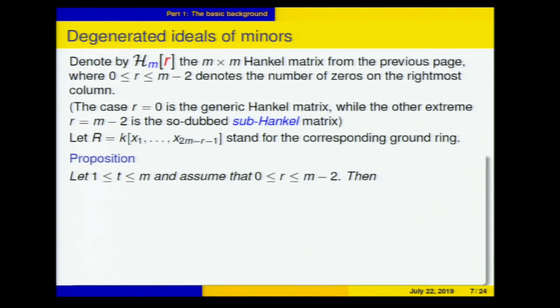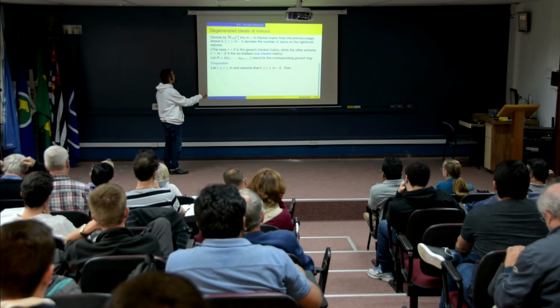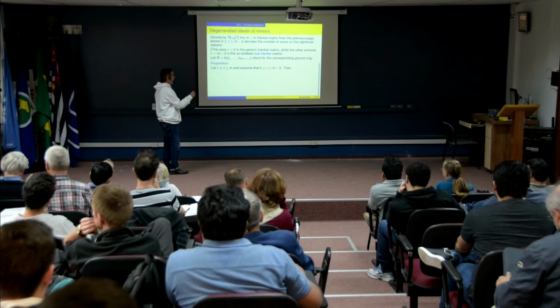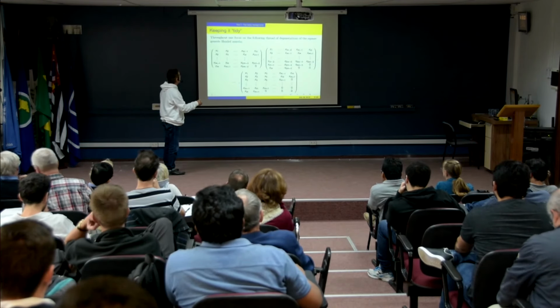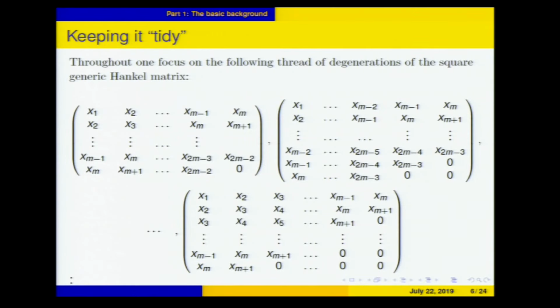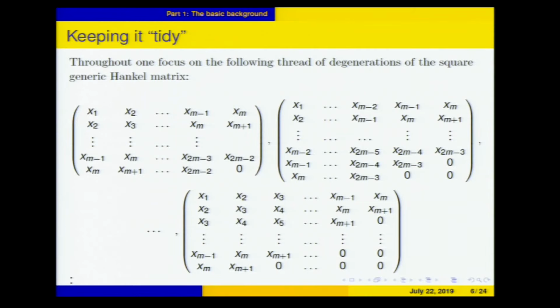So here is a proposition about these minors. Suppose again that you have, I'm always going to keep more or less this range, R can go from 0 to n minus 2. The reason, maybe I should explain this in a minute: if you increase by 1 the number of zeros, then you have a trivial matrix.